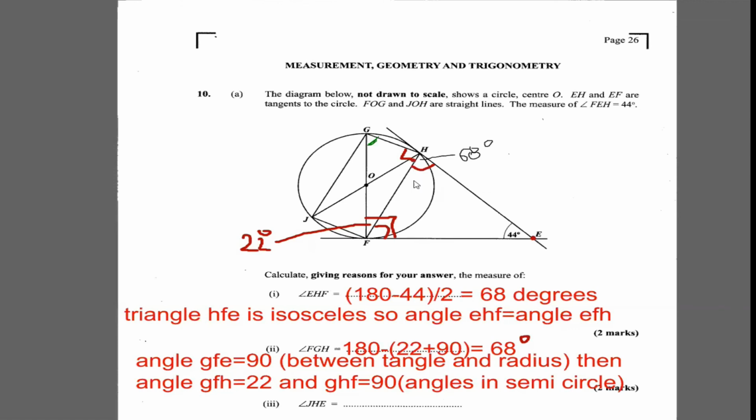JHE is this angle they want. Clearly that angle is 90. How do I know that that angle is 90? Now we just said that little piece here is 22, but OF is a radius and OH is a radius, and so this piece is also 22. If this piece is 22 and this piece is 68, then clearly JHE is 90. So angle JHE is equal to 90.